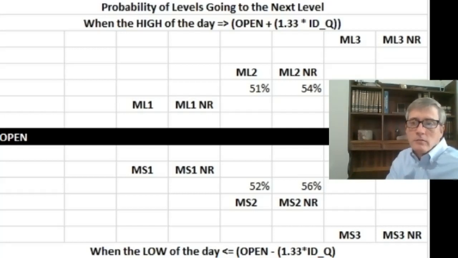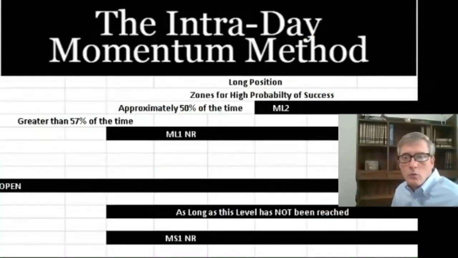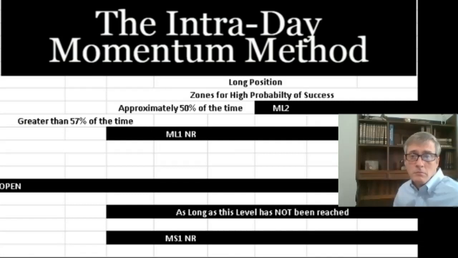So I took that level. I came back and what I wanted to do was find out if the market didn't make a move in the opposite direction from the open, half the distance from the open to MS1.